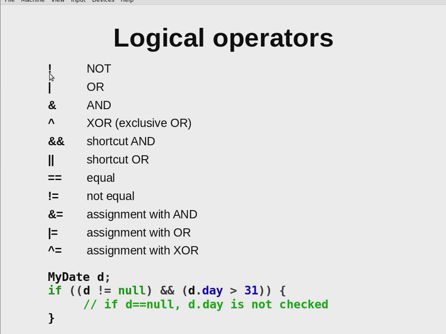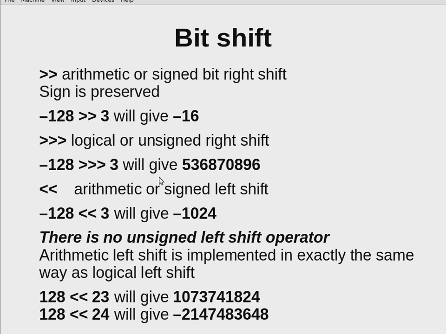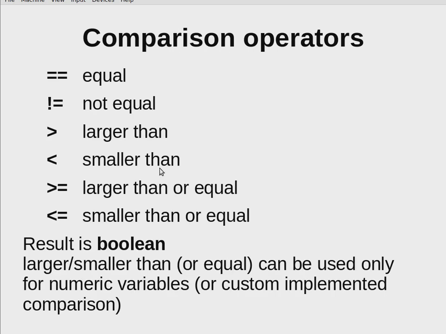So that's about logical operations. So exclamation mark means not, pipe means or, ampersand means and, and this power symbol means exclusive or, and these are these shortcut ands and ors. This is check for equality, not equality, and other things. So bit shift, not very widely used for Java, because in Java you usually don't do low level operations.